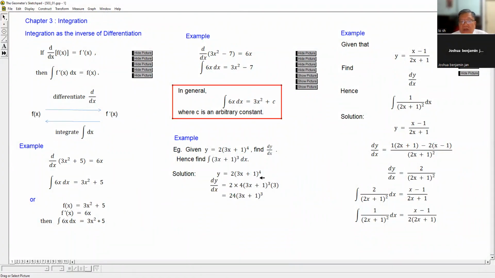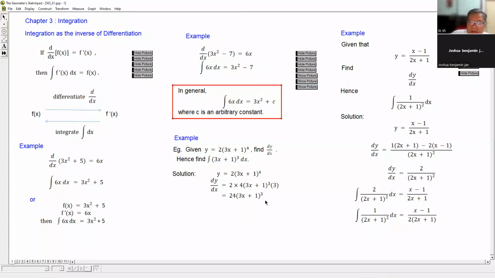Differentiate 1, 0, don't care. So when I multiply these numbers together, 3 times 4 times 2, answer is 24 raised to the power of (3x plus 1) cubed. So this is the differentiation of the given function, the first derivative of the given function.